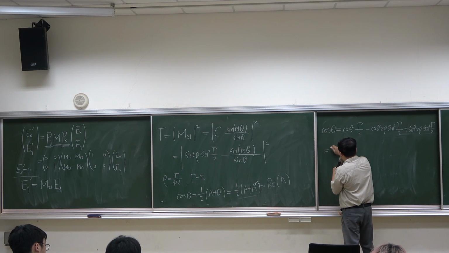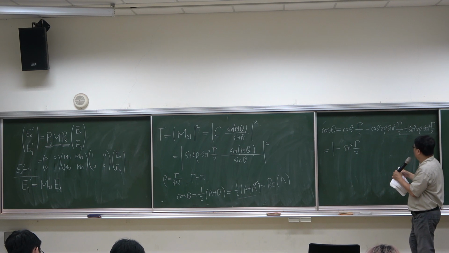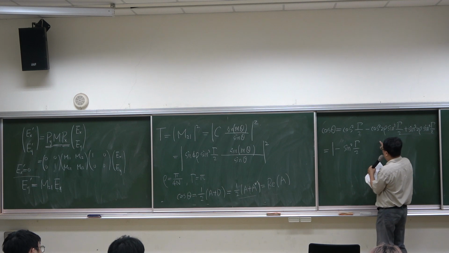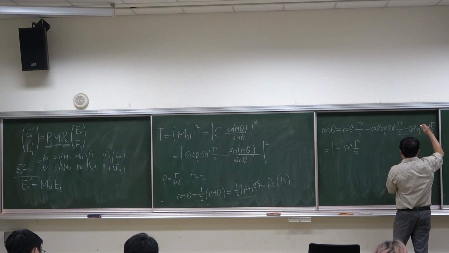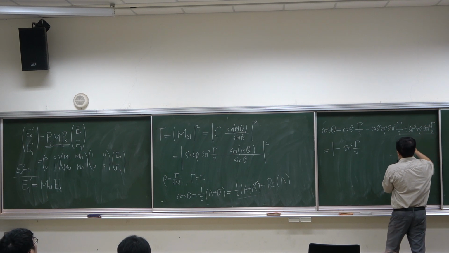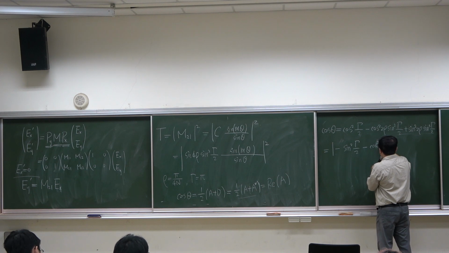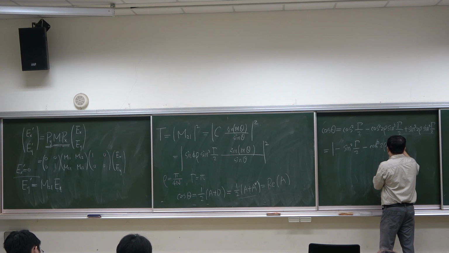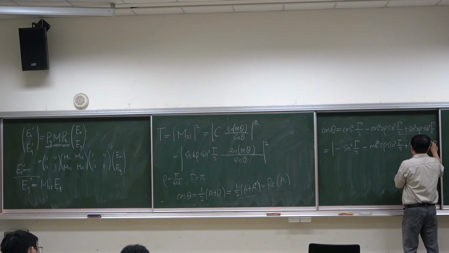Here I can write this as 1 minus sine squared half gamma, minus cosine squared 2 rho sine squared half gamma plus sine squared 2 rho sine squared half gamma.